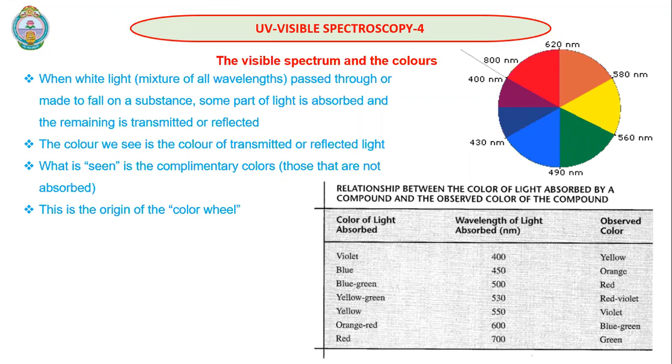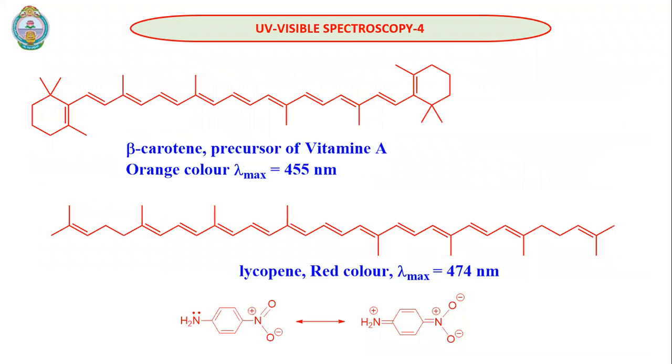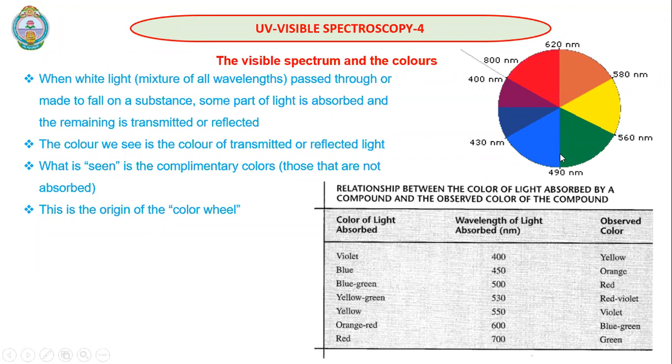Whatever colors we visualize are not colors of absorbed light. The colors are due to the reflected light. Remember that. The lambda maximum resembles the light which is absorbed. For example, beta carotene, as I said, absorbs at 455 nanometers, but it appears orange, right? So 455 is not the orange color.